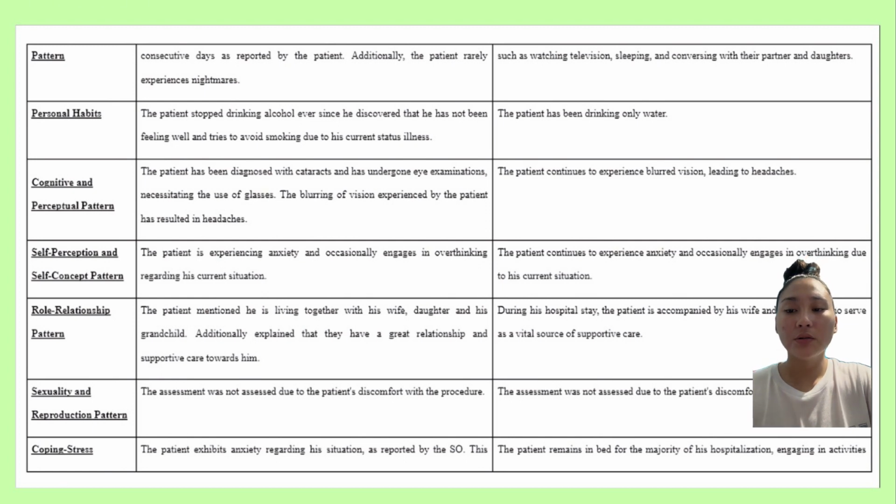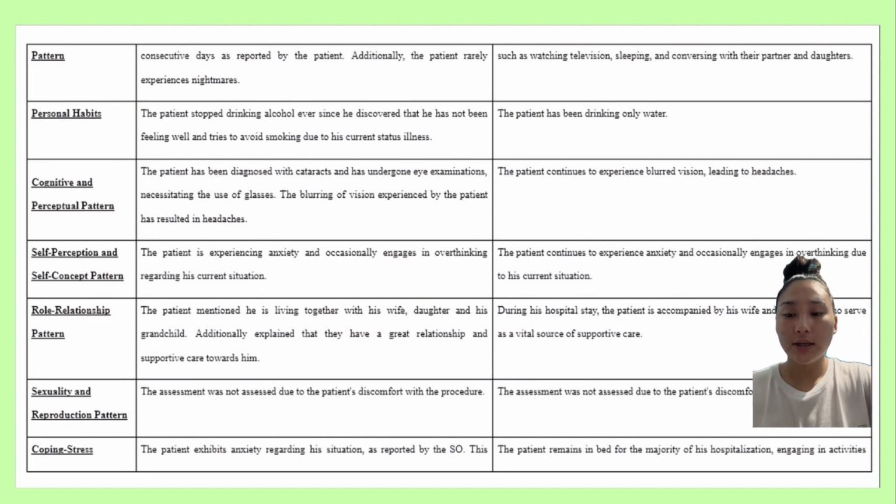For the role relationship pattern, before hospitalization, the patient mentioned he is living together with his wife, daughter, and his grandchild, and additionally explained that they have a great relationship and supportive care towards him. And during hospitalization, the patient is accompanied by his wife and daughters, who serve as a vital source of supportive care.